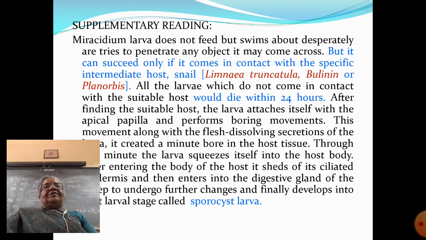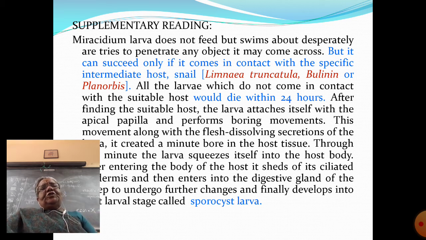I have already told you, the host is the snail. Normally it is Limnaea truncatula. Sometimes you may see Bulinus or Planorbis species of snails also serving as intermediate hosts. But normally it is Limnaea truncatula.